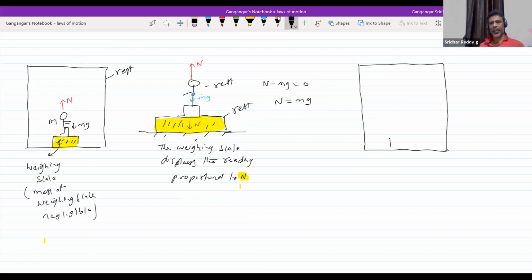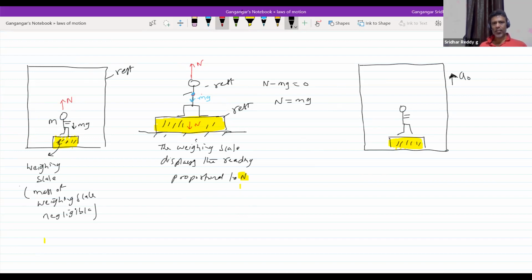So this is a weighing scale. The person is here. So what is the state of lift? Let it accelerate up with a naught. And the weighing scale is kept in the lift. Now, what will be the reading of weighing scale? That is the question now being asked.